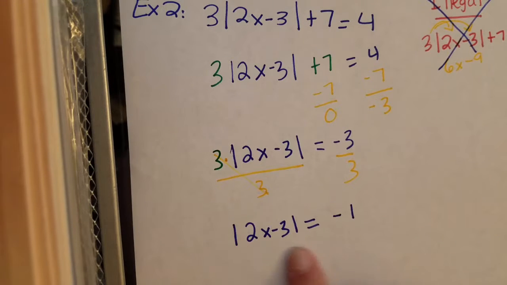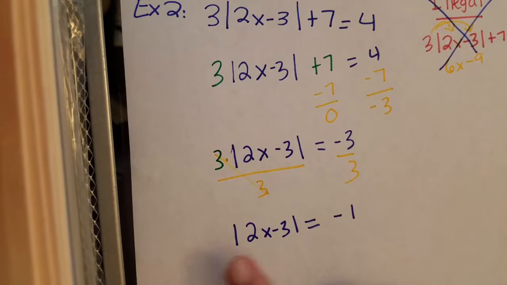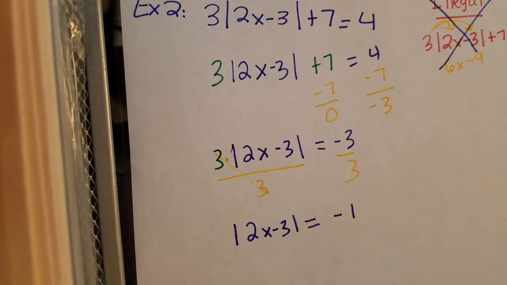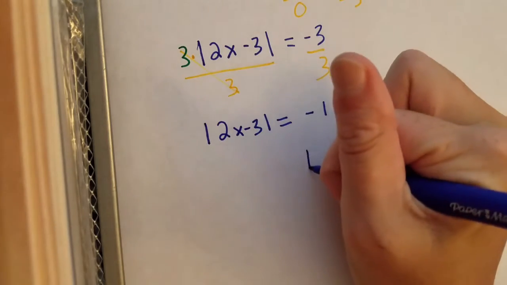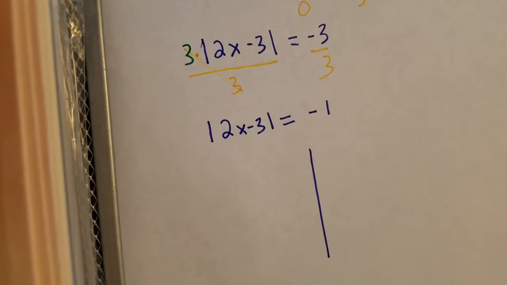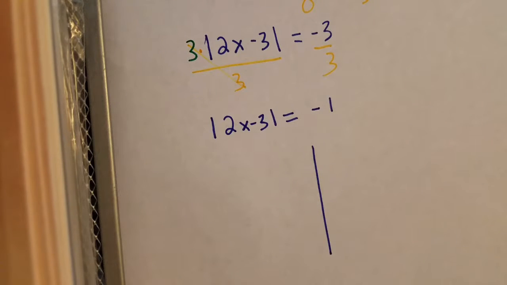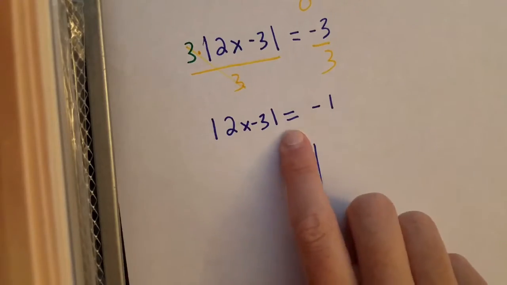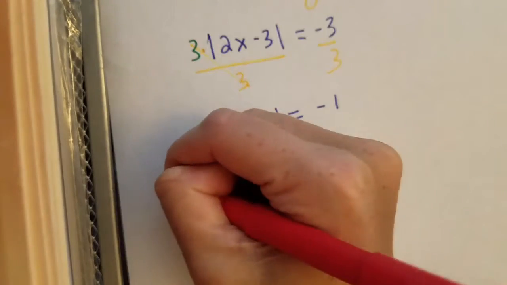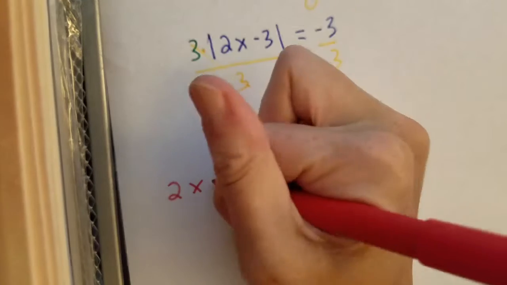So now that I have the absolute value bars all by themselves on one side of my equation, this is when we write our absolute value equation as two separate equations. If you remember from the previous problem, what I like to do is separate this into two different problems with my neat and organized line. On one side of the absolute value, we drop the bars, so whatever's left in the bars is 2x minus 3.